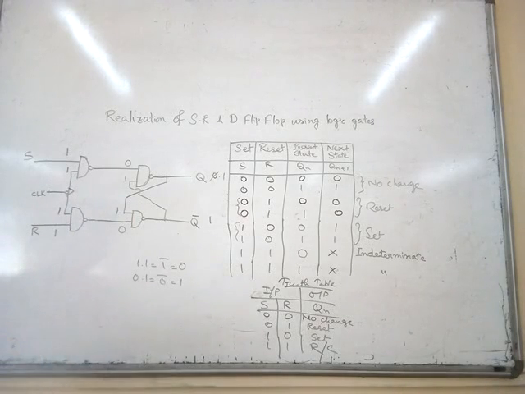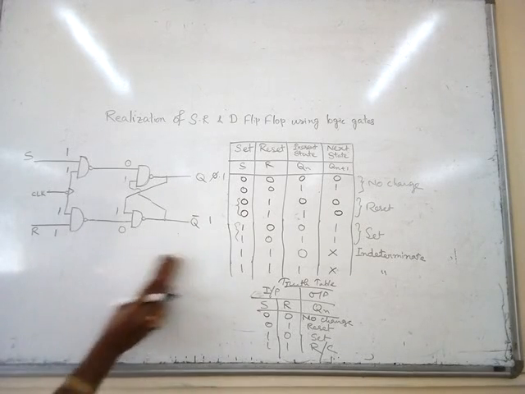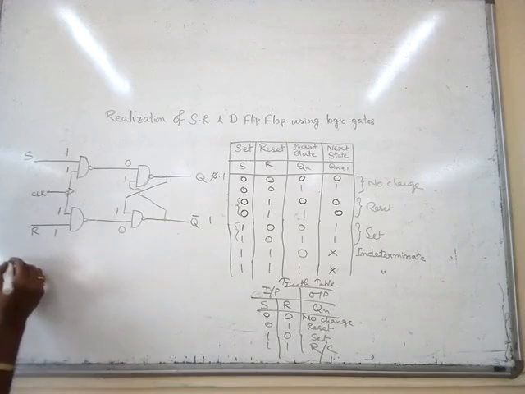Now we come to the circuit. For clock pulse, actually there are two types of triggering. Number one, level triggering.